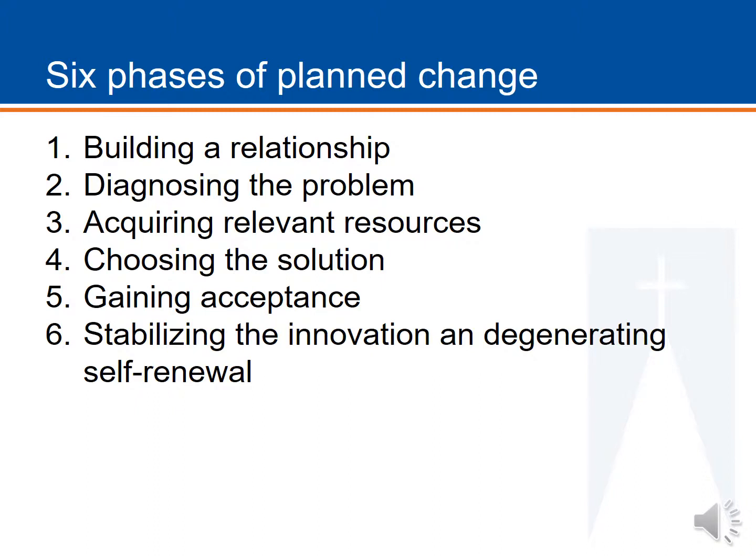Then it is choosing the solution, so what's going to work for that setting, gaining acceptance, so getting the team on board, and then stabilizing the innovation. So stabilizing is a really important thing in order for the change to become consistent and part of the new environment.